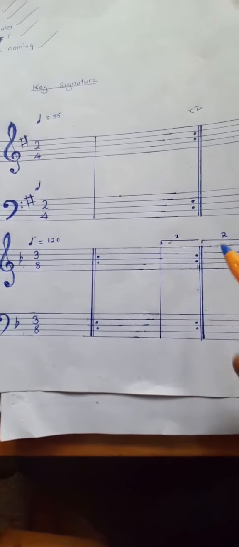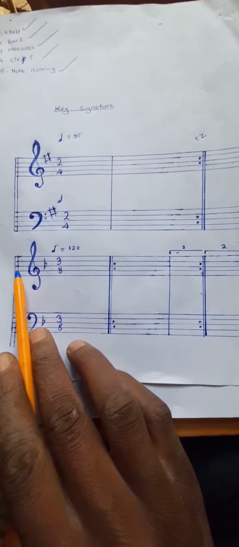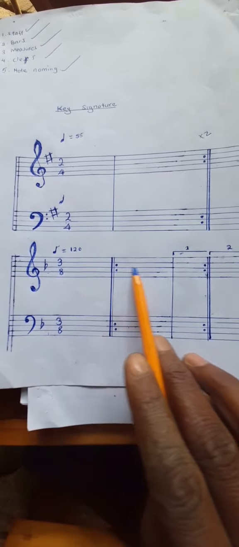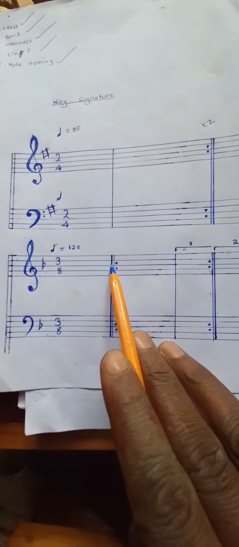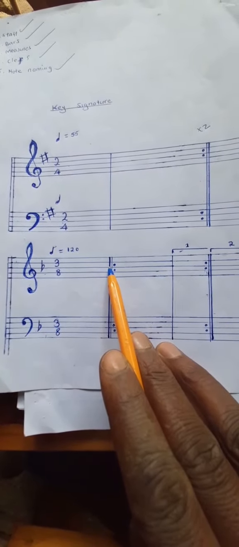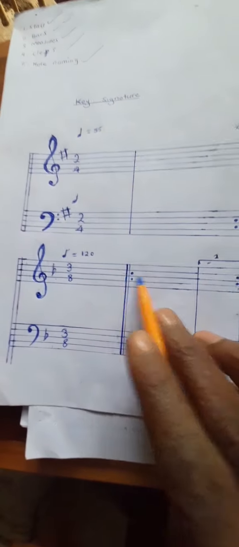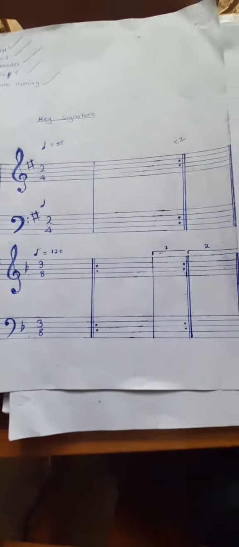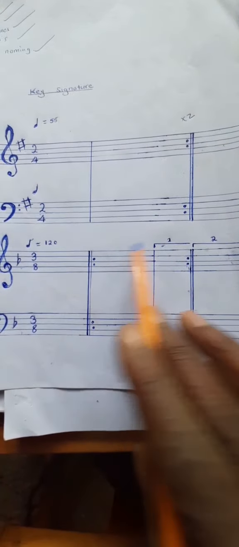This is the first repeat. Whenever you're singing this music from here up to here, when you've reached this sign, you go to this one, then you finish this one. Good. That's what the repeating signs mean.